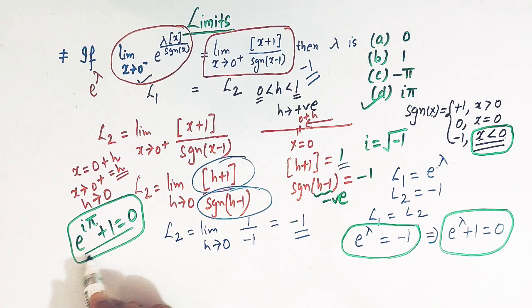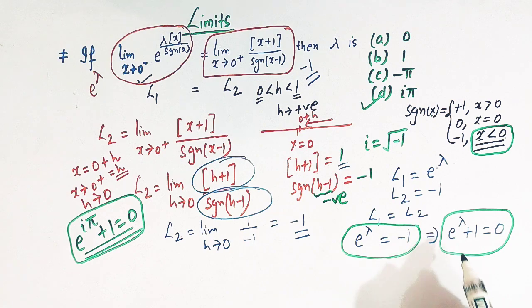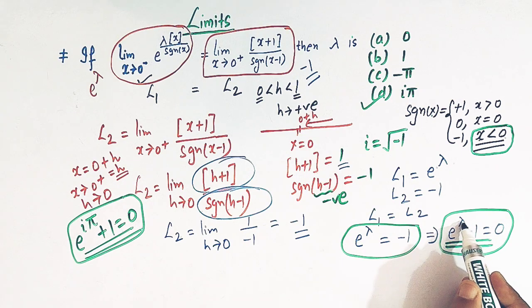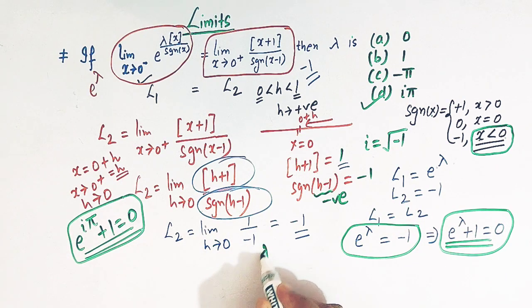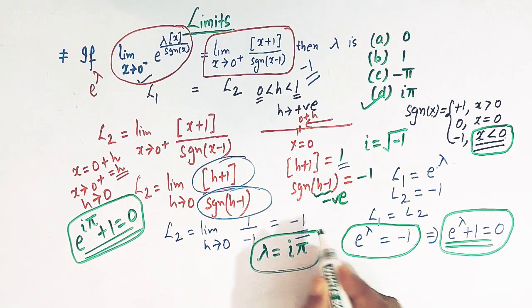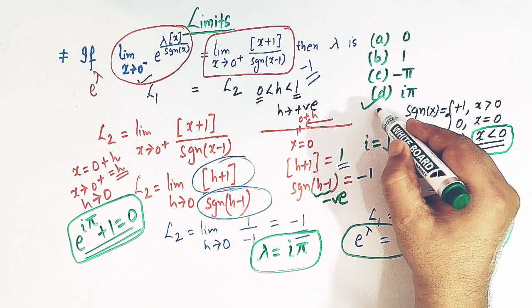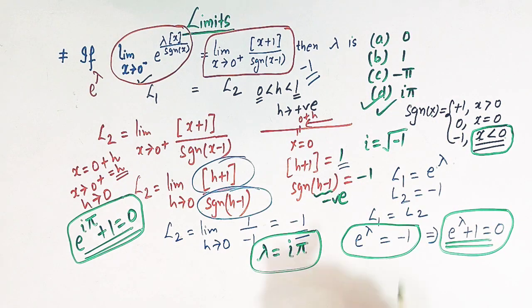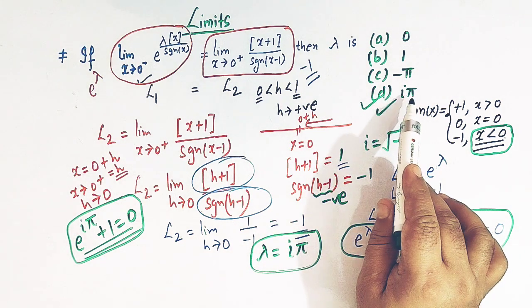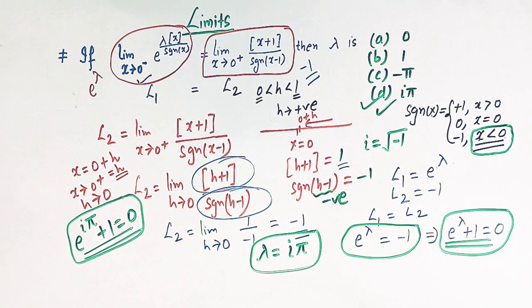If we compare this relation with this one, we get lambda equal to i times pi. So the correct option is option D, that is iota times pi. So the value of lambda is iota times pi.